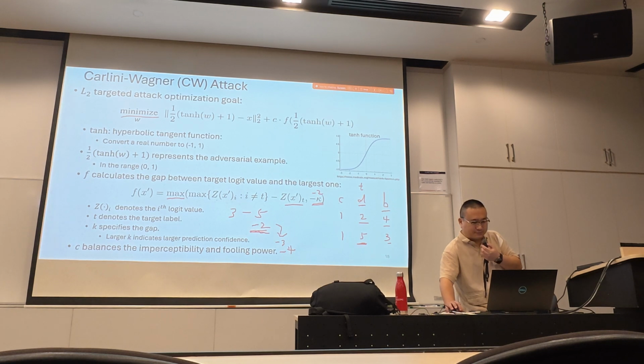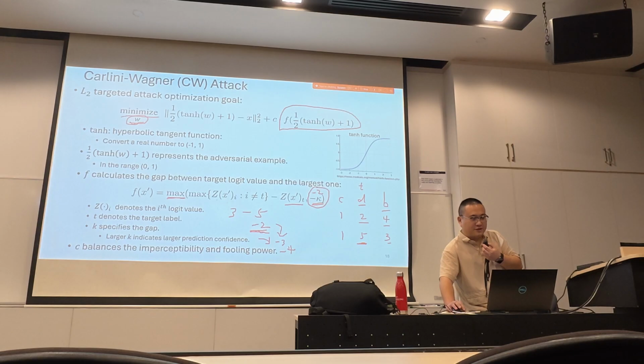This means that if this gap goes below minus 2, for example, minus 3 or minus 4, then the external max will just return a constant, because it just returns the larger value between the two values. And if f just returns a constant, then we cannot modify the value of f by modifying the input, because the constant does not depend on the input.